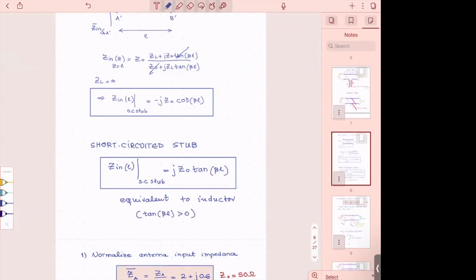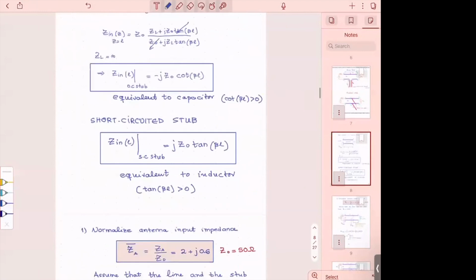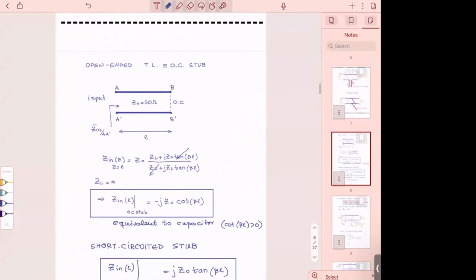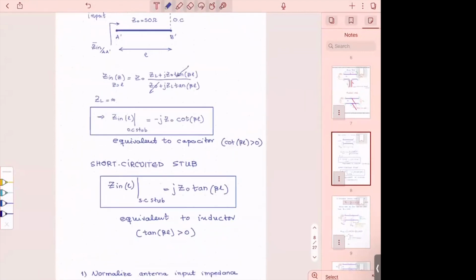Remember that. And then this is equivalent to a capacitor, assuming again that cotangent beta L is positive. All right. So now this is important to remember.